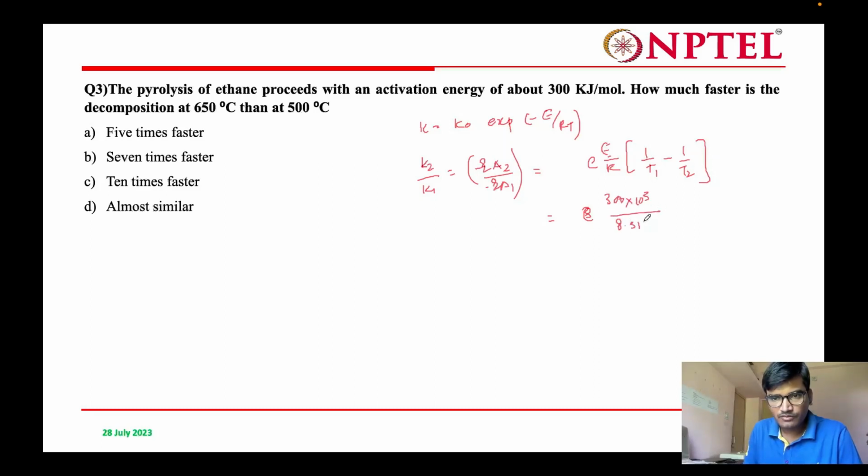Convert the temperature from degree Celsius to Kelvin: 650 plus 273. Right. It is 7.58.